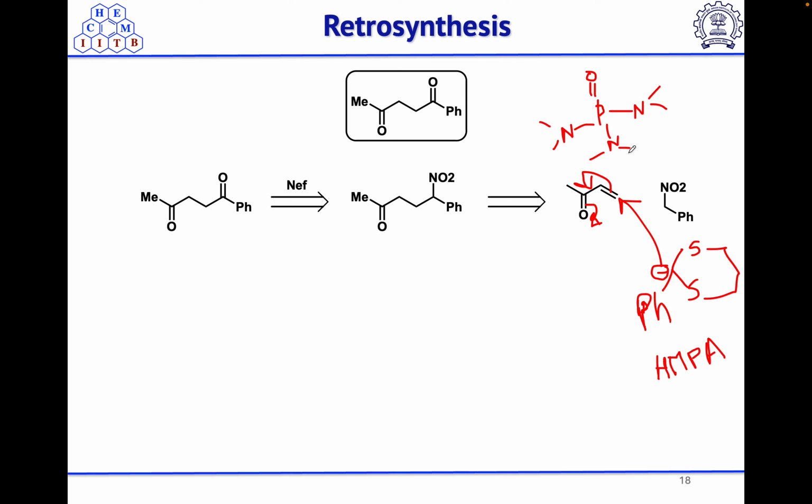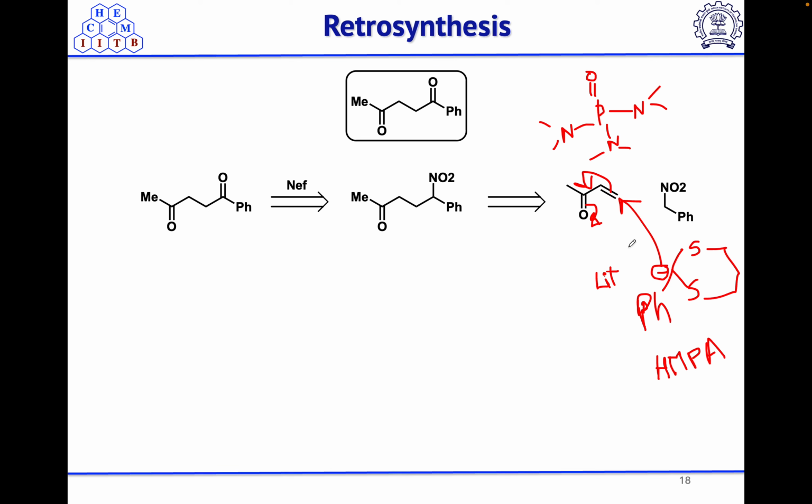So this carbanion will have its counter cation, say Li plus. This nitrogen will coordinate to Li plus, and the carbanion and Li plus separate, so you will see the free carbanion. The free carbanion can add to this alpha,beta-unsaturated ketone in 1,4 fashion.